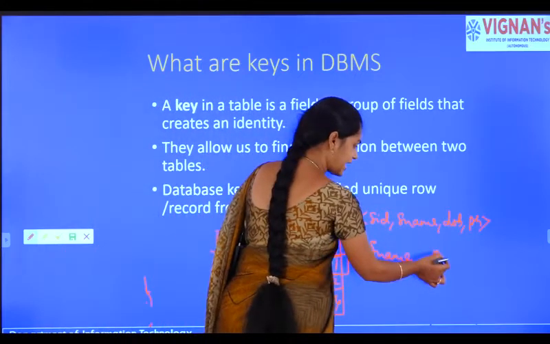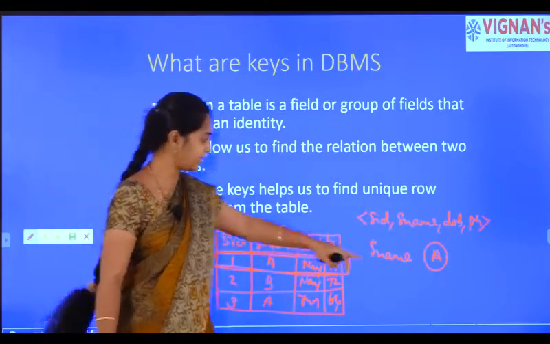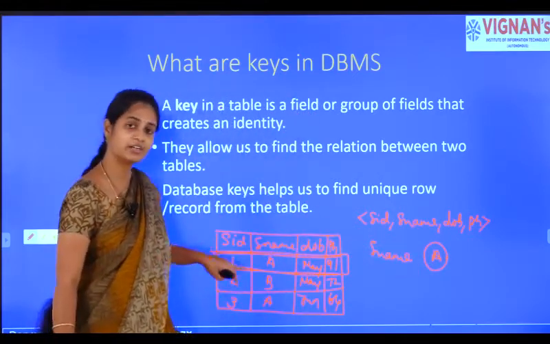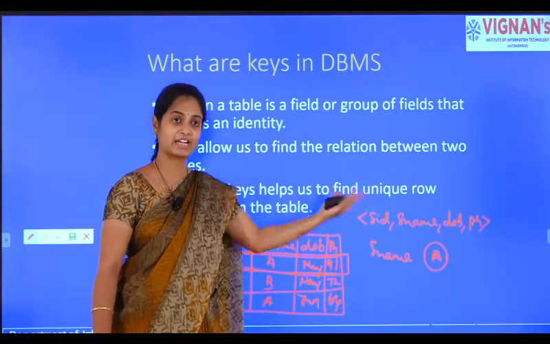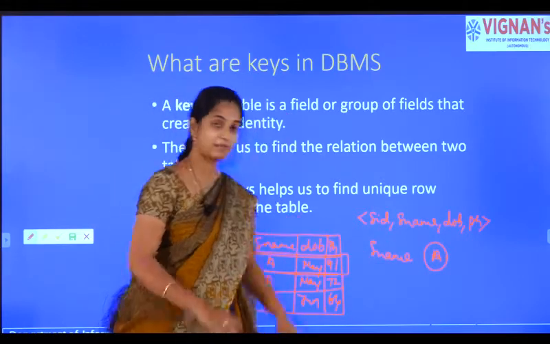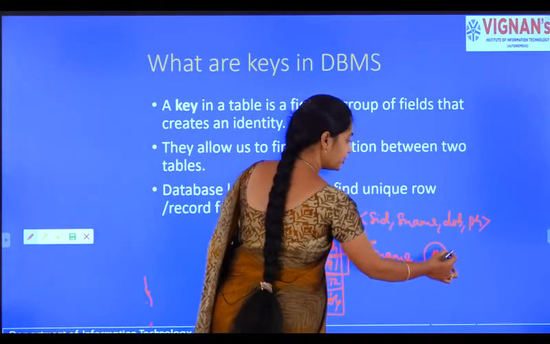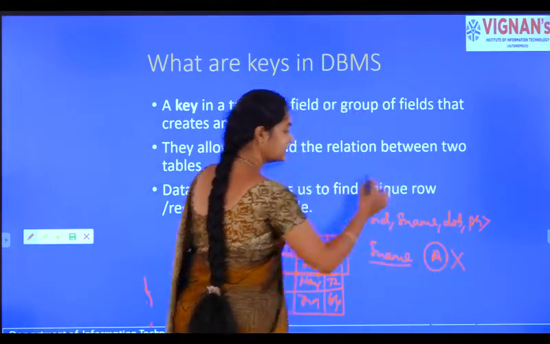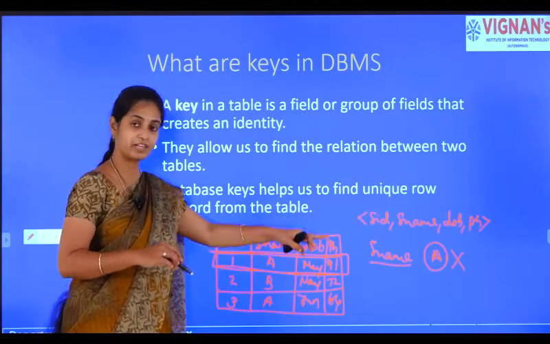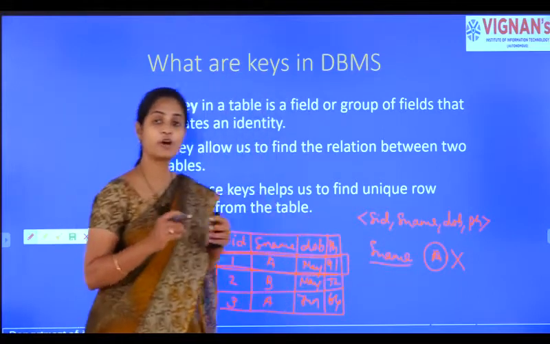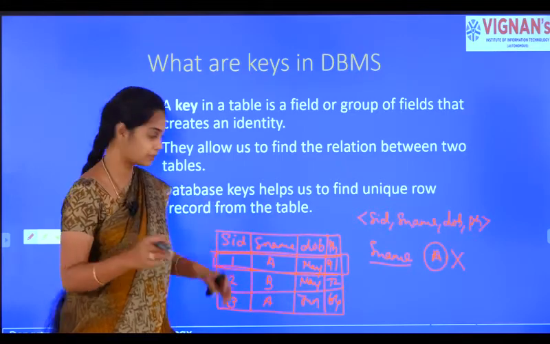Yes, you can have this data in the other databases. Can you tell me that this A belongs to the student table only? This A can belong to the faculty relation also, or this can be duplicated at some other table also. So, using student name, you cannot identify a tuple, and you cannot identify which table this tuple belongs to.